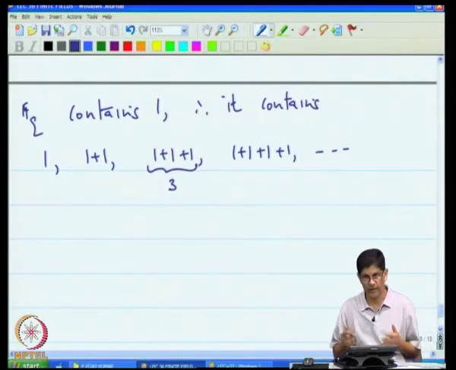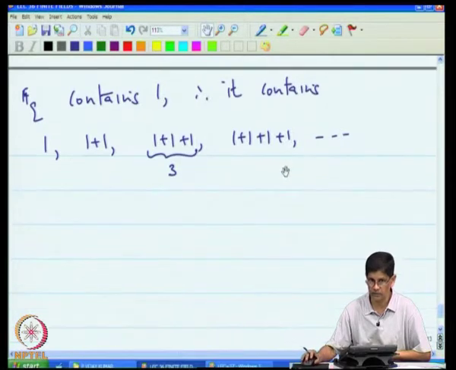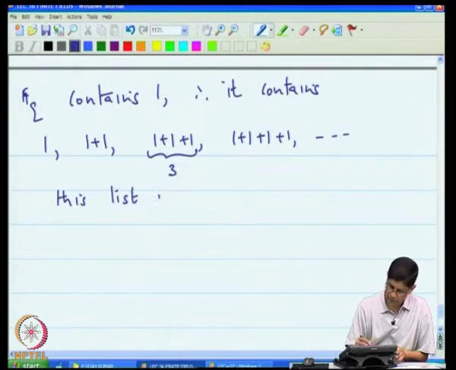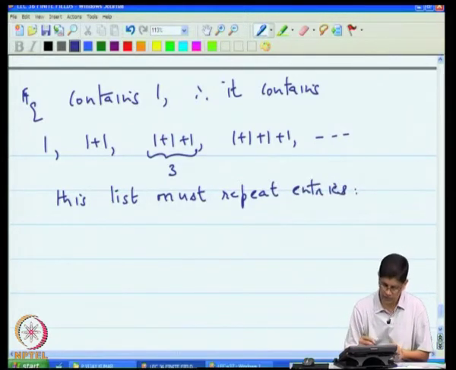Now, since the field is finite, this list cannot keep going on forever. So, there must be some repetition in this. Okay. So, this list must repeat entries, which means that all the entries in this list cannot be distinct.